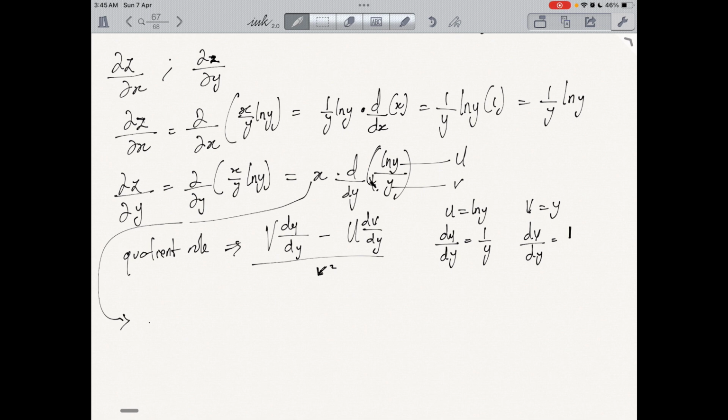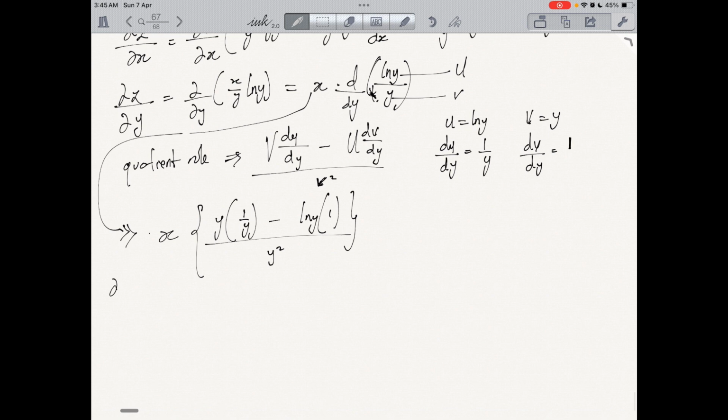Therefore, we can go from here and simplify further with our quotient rule. This will give us x multiplied by v, which is y, times du/dy, which is 1 over y, minus u, ln y, multiplied by dv/dy, which is 1, divided by v squared, which is y squared.